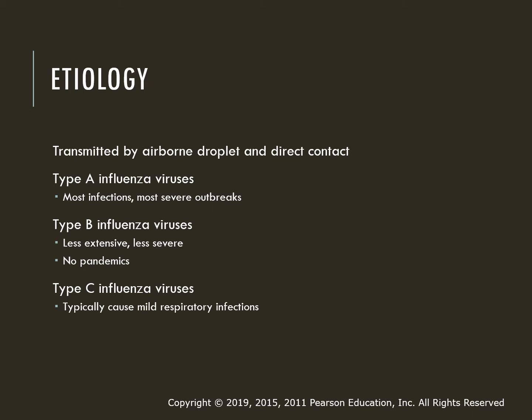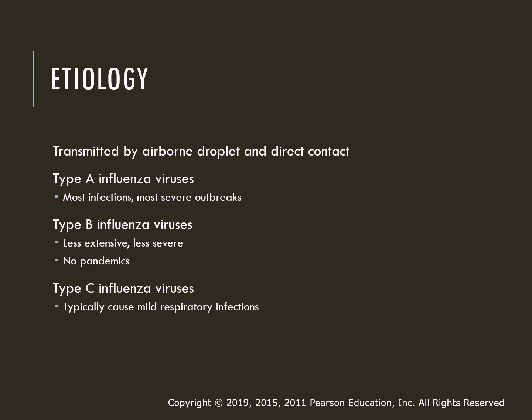Outbreaks of influenza B viruses are generally less extensive and less severe than those caused by influenza A virus. Illness associated with influenza C virus is mild and often goes unrecognized. Type A influenza viruses are found in birds, pigs, whales, and humans and are believed to have caused 4 pandemics: 1918, which was the Spanish flu that wiped out a lot of people, then 57, 68, and 2009.